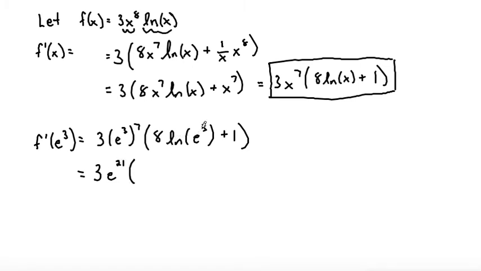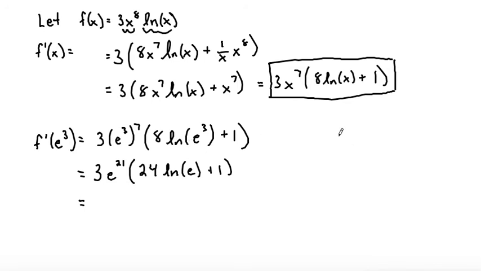times, if we have a log that has an exponent, we can bring that exponent down to the front to make this 8 times 3, which is 24, times natural log of e, plus 1. And now if you don't want to do this step, you can just plug it into your calculator and see what you get there to find a decimal approximation.